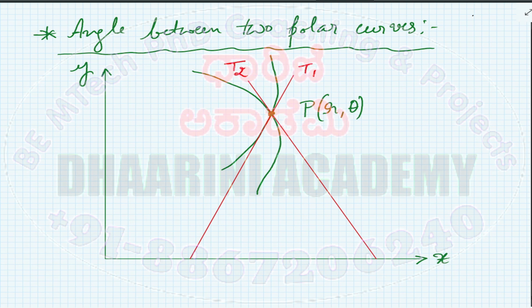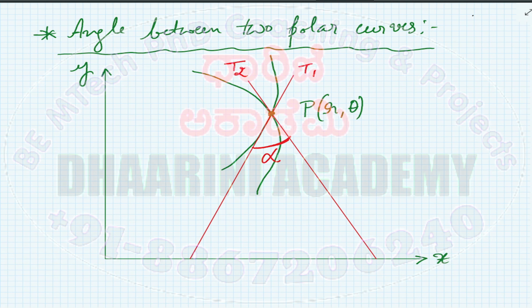Now I want to calculate the angle between the two curves, which means I am supposed to find out the angle between these two tangents itself. So that is my objective. I want to calculate this angle between these two tangents, which I'm going to denote as alpha. Now this is the basic idea.